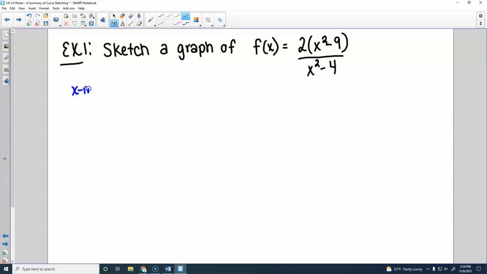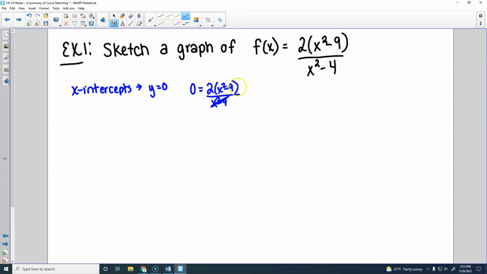If I want to find x-intercepts, at x-intercepts, y equals 0. So we would set this equal to 0. And really, that denominator just sort of cancels off.